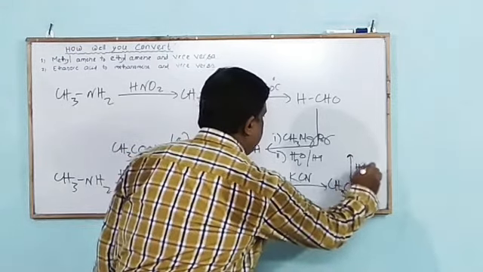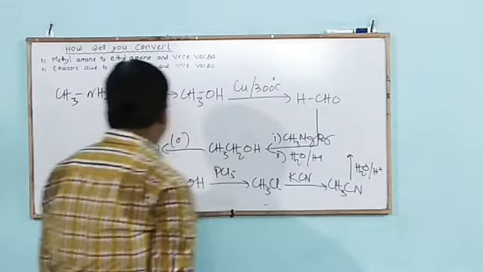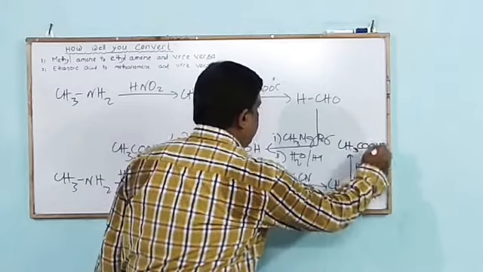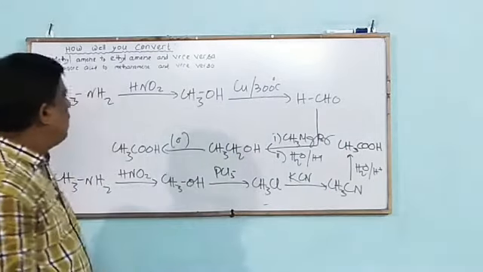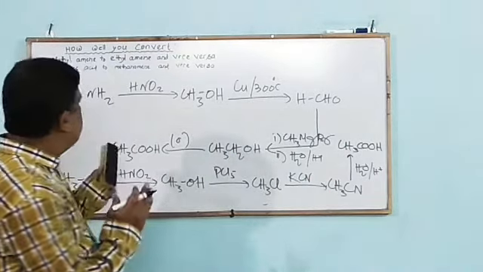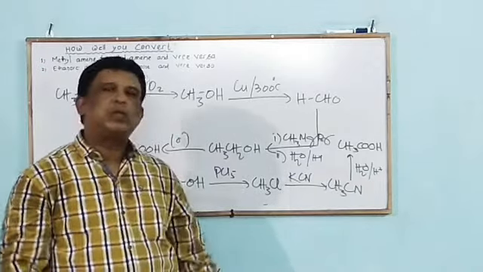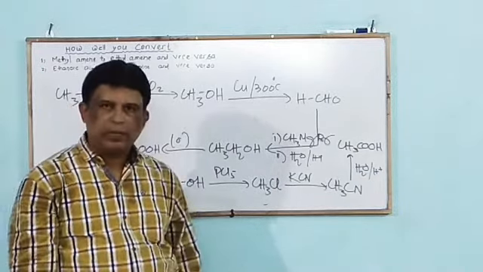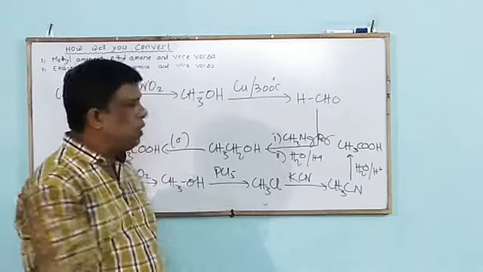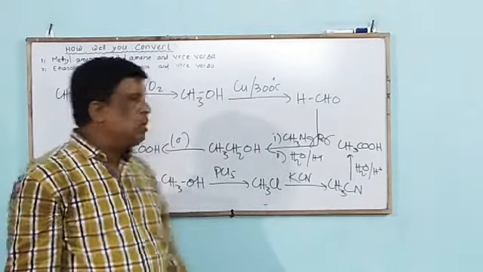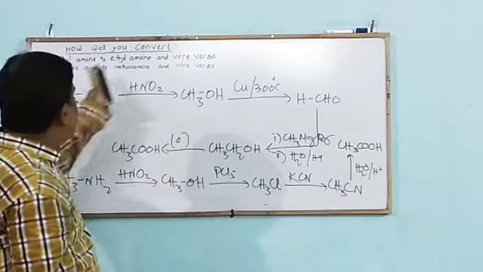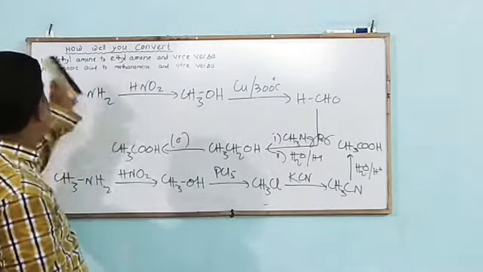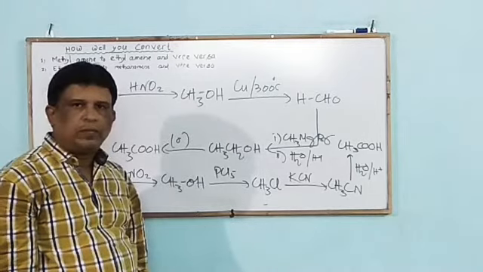Methyl cyanide undergoes hydrolysis in acid medium to form acetic acid. That means there are two to three different ways, with no restriction to follow one. One can go through any way to make a conversion. So in this way, ethanoic acid to methanamine and methanamine to acetic acid.